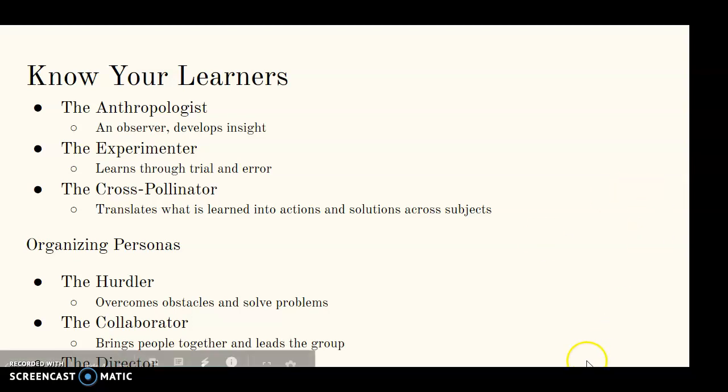And then we have the organized personas, where there's the person who overcomes the obstacles that everyone is facing in the group to help them learn better and learn more and solve the problem that they're having. And then the person who brings it all together and leads the group, which I think is really important because we're always going to have that one student who's leading the group more than they should be and contributing more, so we have to make sure that everyone is contributing.